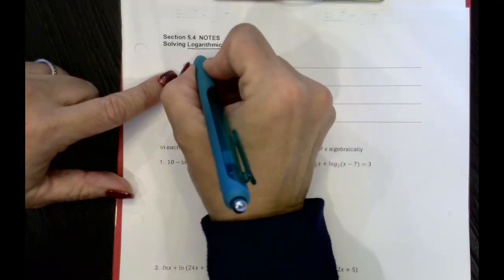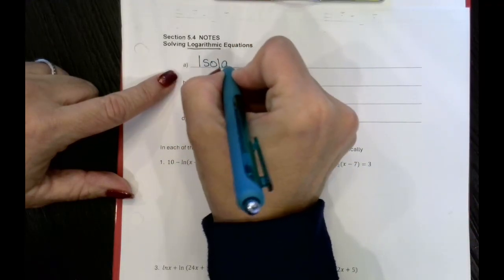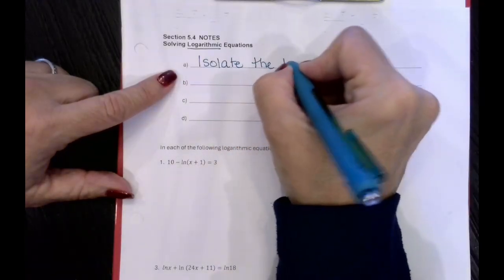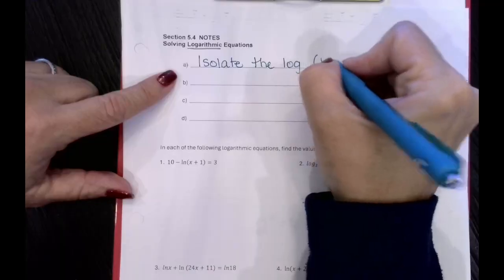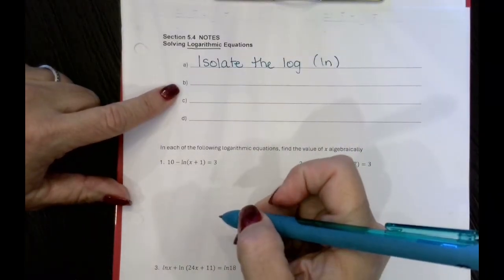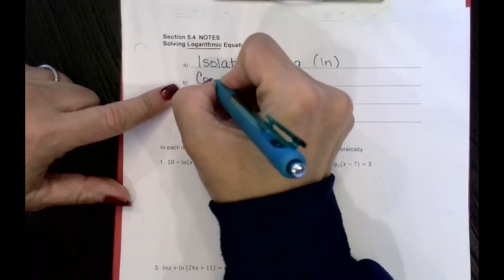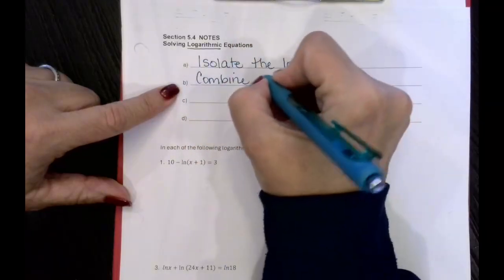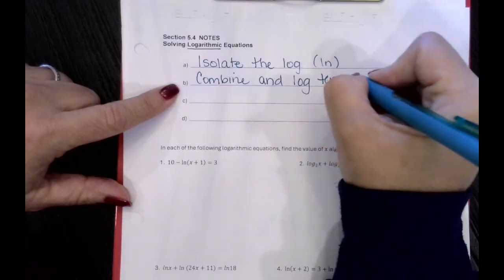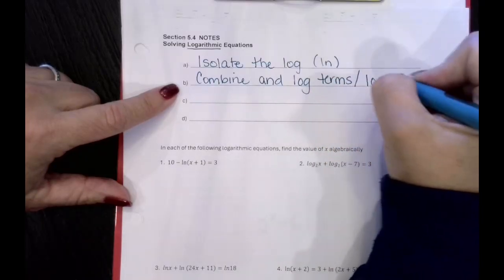So first step is going to be the same thing that we do with exponential, which is isolate the logarithm. So we need the log or the ln, depending on what you have. We need that isolated. And then what we're going to do is combine any log terms with the log rules.